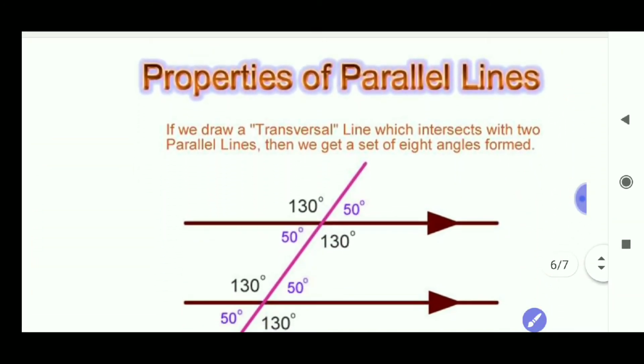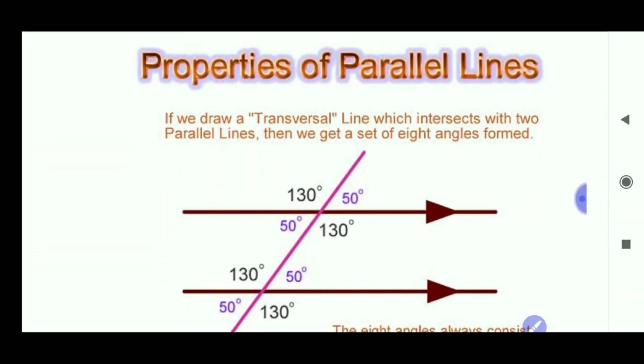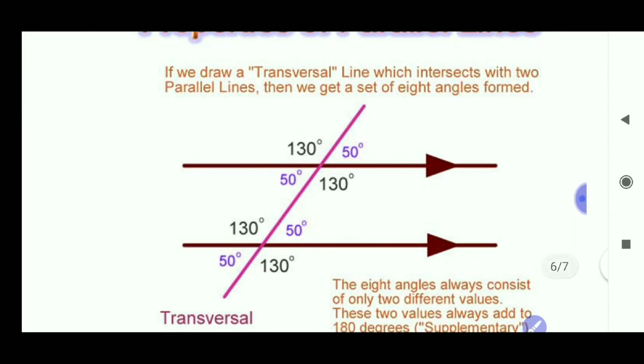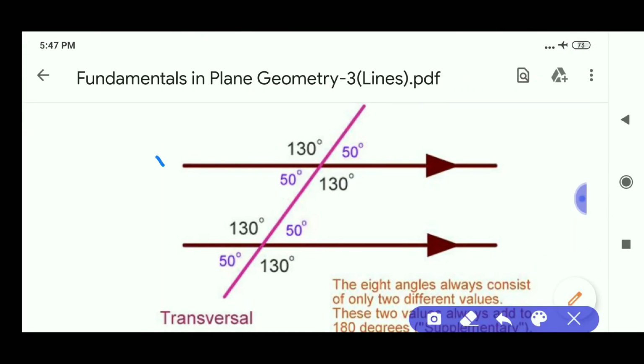Now, if parallel lines and a transversal are given and we know one angle, then we can find all the remaining angles. It is 50, its vertically opposite angle is 50. The adjacent one becomes 180 minus 50, that is 130.